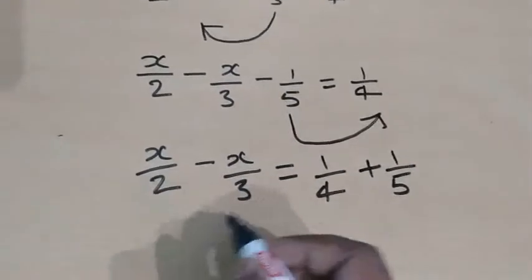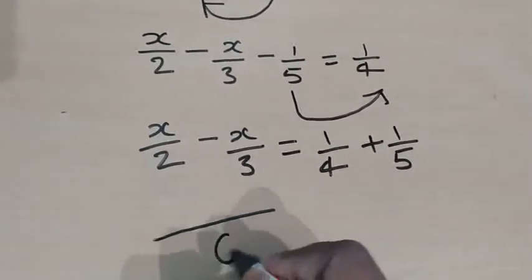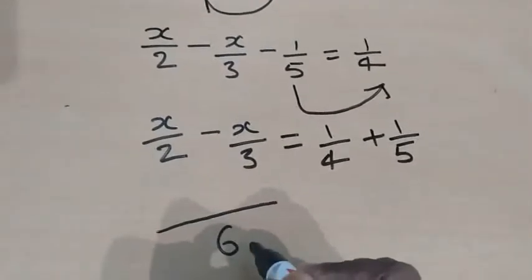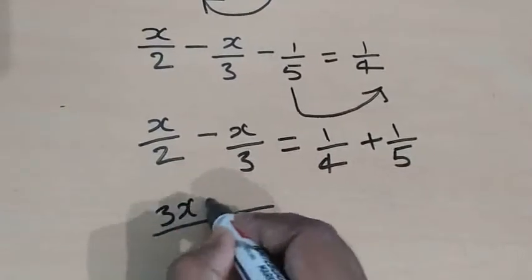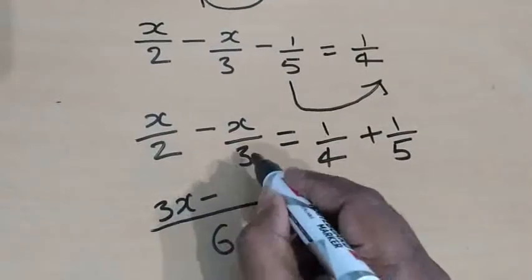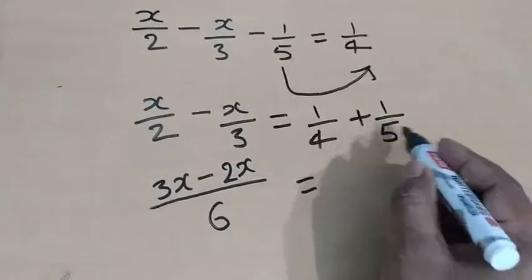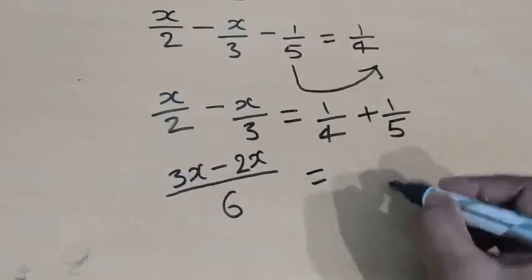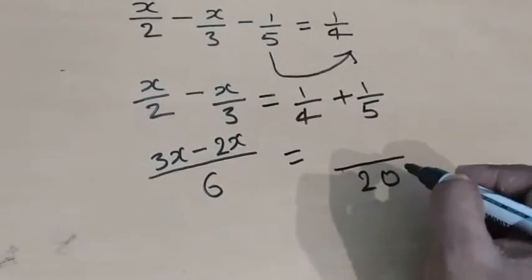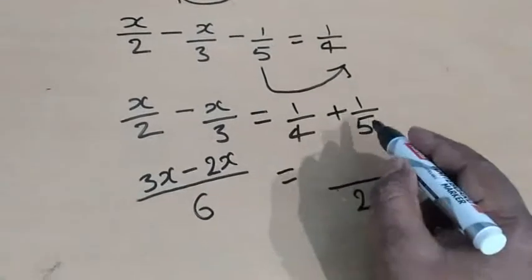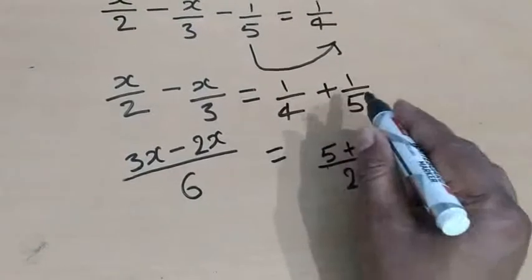So here the LCM of 2 and 3 is 6. 2 divides 6 three times, so 3x minus, 3 twos are 6, 2x is equal to the LCM of 4 and 5, which is 20. So 5 ones are 5 plus 4 ones are 4.